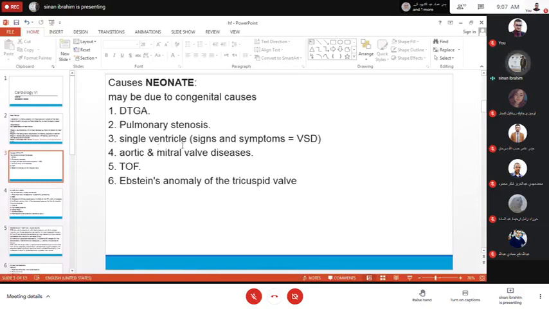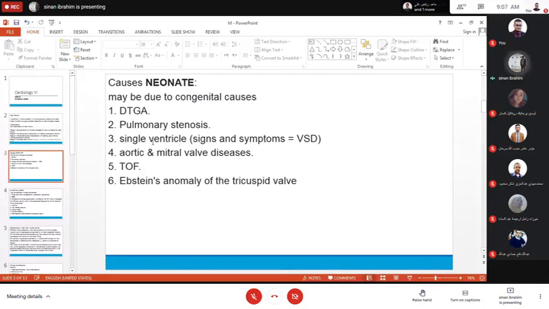Single ventricle is also an isolated entity, and we didn't enter into its details, but it needs more than one lecture to talk about. It has different types and different entities. There are about 52 types of single ventricle associated with different anomalies.